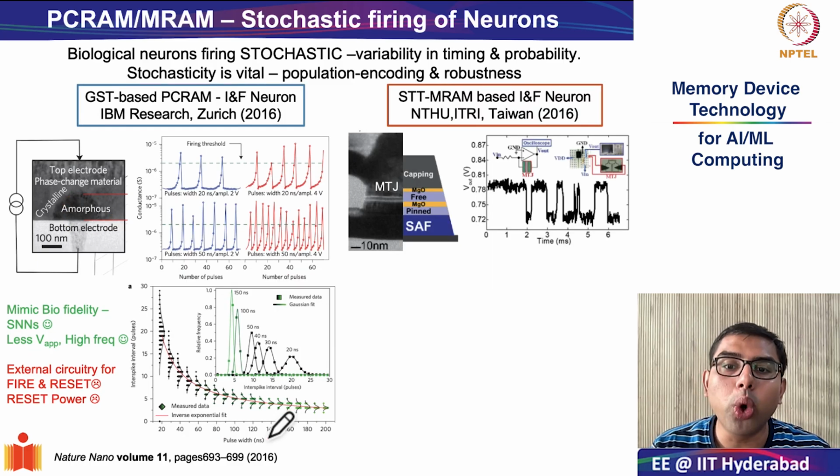Finally, we conclude with the recent demonstration of stochastic integrate fire neurons by researchers at NTHU and ITRI at Taiwan. They closely work with TSMC, which gives us an idea that these biological implementations of neurons are very interesting even to your large semiconductor manufacturing giants.